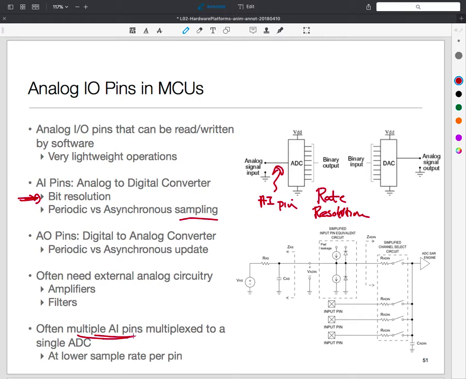You may see MCUs that will give you 6 or 8 or 12 analog input pins, but they will usually have 1 or 2 output pins. And the reason is I can't do the multiplexing anymore. I need 1 DAC per output. And by the way, DACs are designed very similarly to ADCs. Oftentimes it's actually done using an ADC. So no multiplexing.